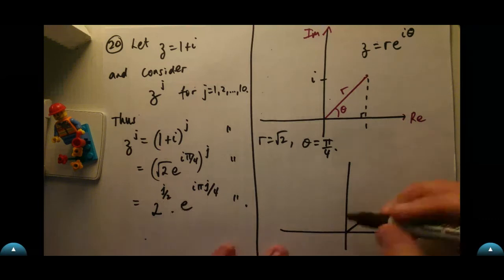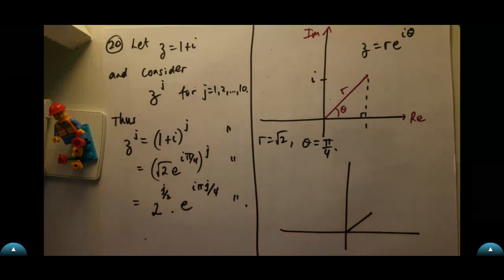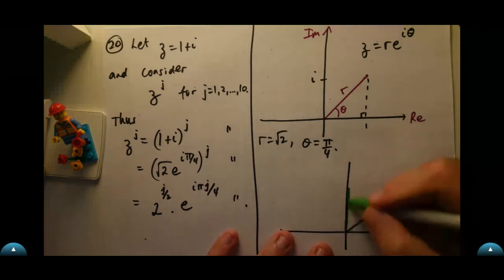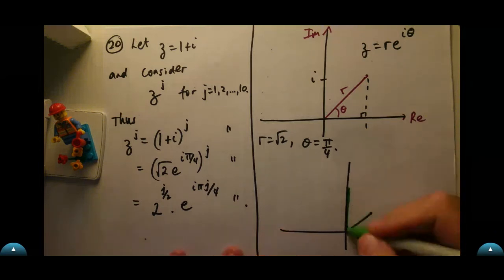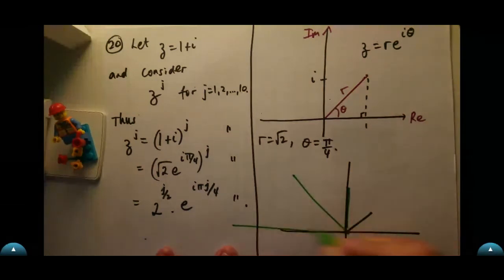For j equals 2, we go up there, right? And then for j equals 3, you go up there. And then j equals 4, you go over there. So there is a pattern. Each of these angles are equal, and the length increases by a factor of root 2, I think.